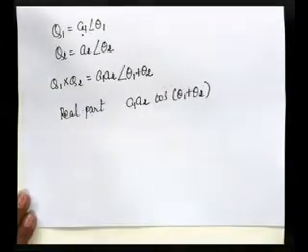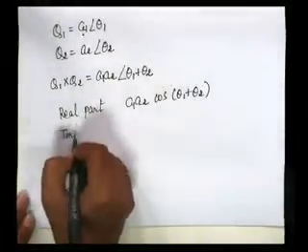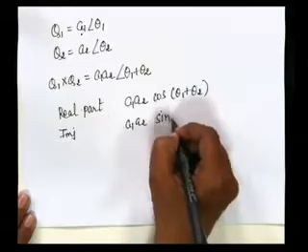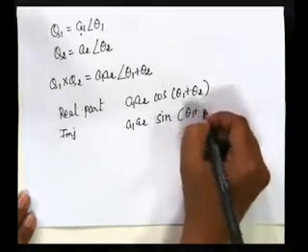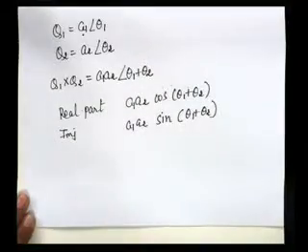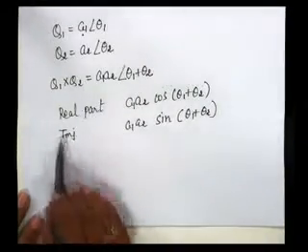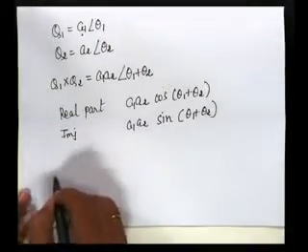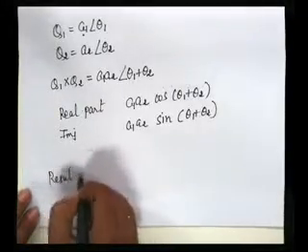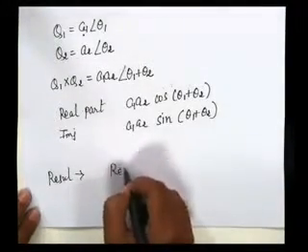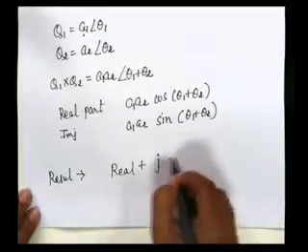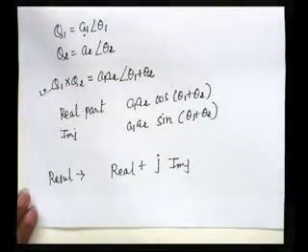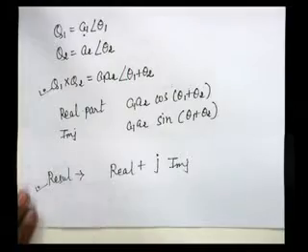So this is your real part, and for the imaginary part it is a1 a2 sine of angle theta 1 plus theta 2. Okay, so the real part is known to you, the imaginary part is known to you, so you can convert this vector into rectangular form. So your resultant in rectangular form is real part plus j into imaginary part. So this is your resultant vector in polar form and this is your resultant vector in rectangular form.